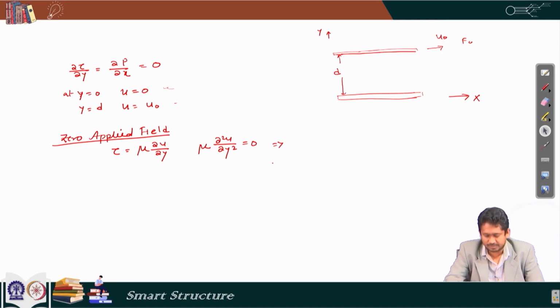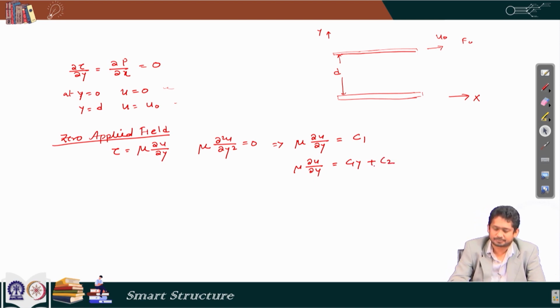So, from this governing differential equation we get mu multiplied by del u by del y is equal to C1, and then mu into del u by del y is equal to C1 y plus C2.